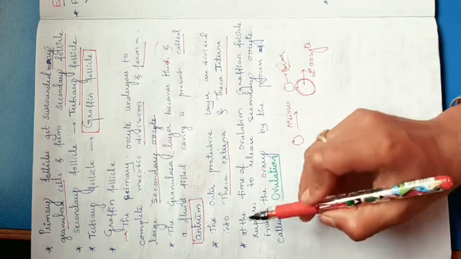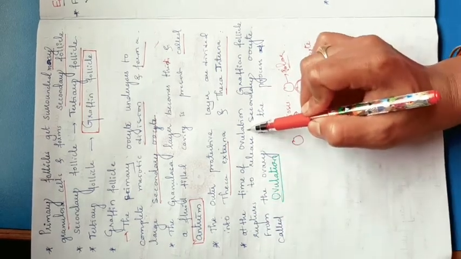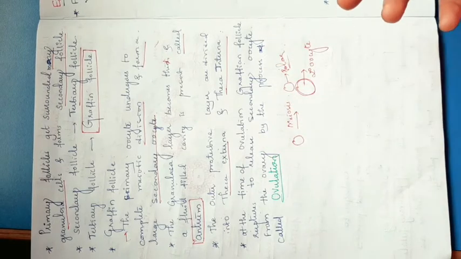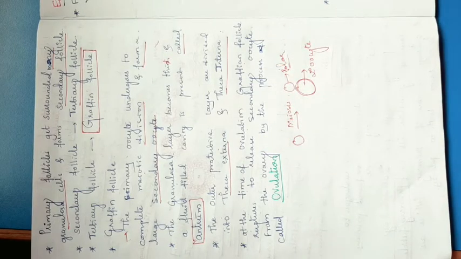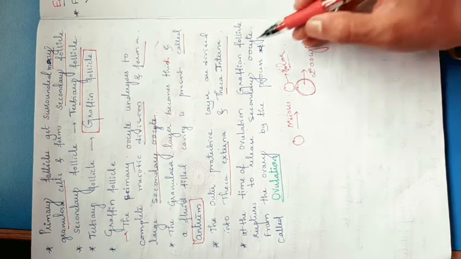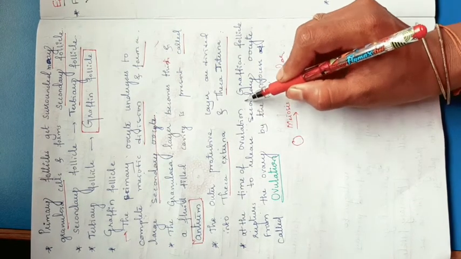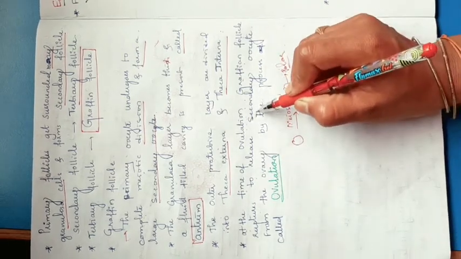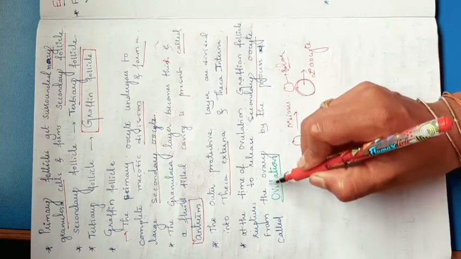Next, at the time of ovulation, the Graafian follicle ruptures after maturity, during the reproductive period, after puberty. During ovulation, the Graafian follicle releases the secondary oocyte from the ovary.